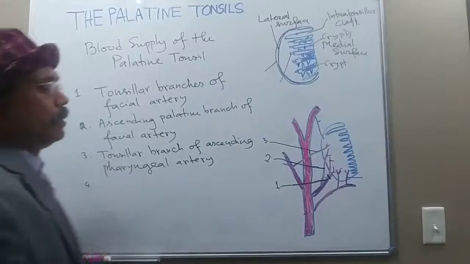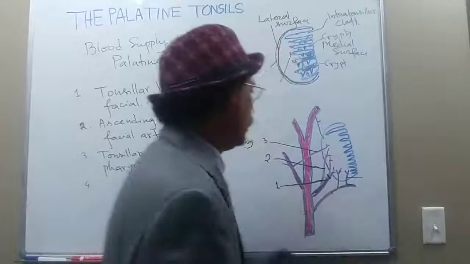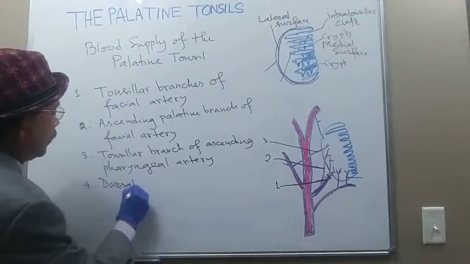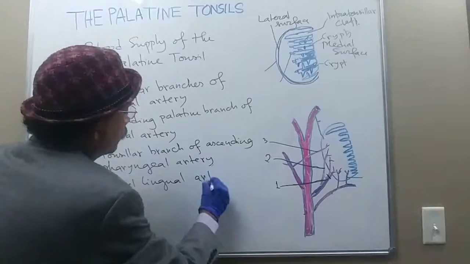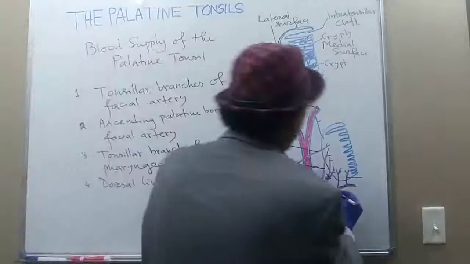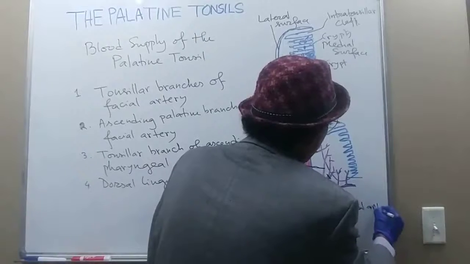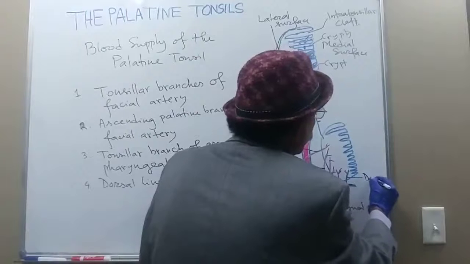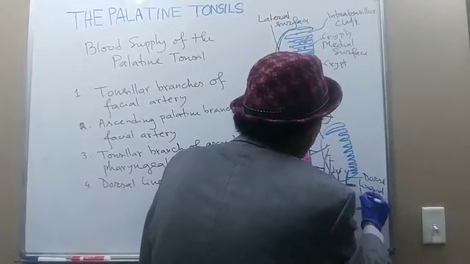Then we'll get tonsillar branches from the dorsal lingual arteries. These are branches of the lingual artery. These are the dorsal lingual branches.